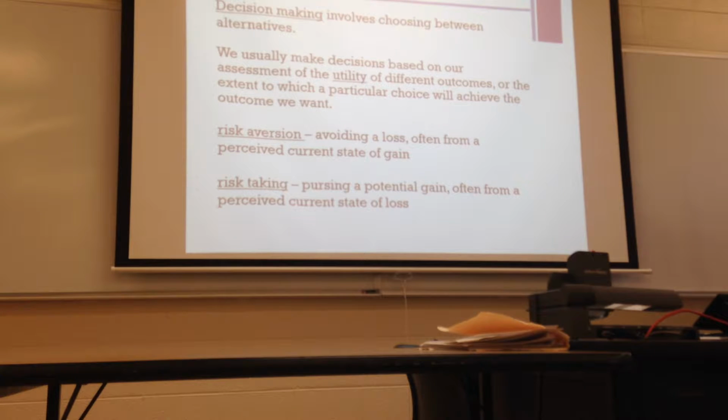So it's not just being reasonable and rational, there's also our perception of where we are relative to where we could be if we made a different choice, and how much we want change. People, if they feel they're in a positive position, are less likely to want to move out of that positive position. Although there are people who, even when they're in a positive position, are still risk takers, right?